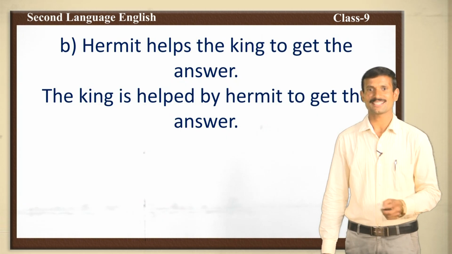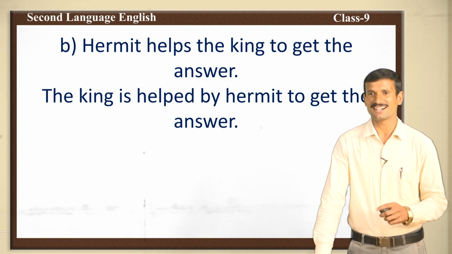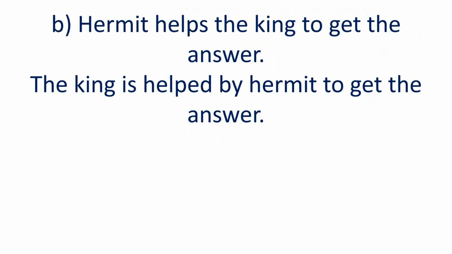Very good. Now, the second sentence: Hermit helps the king to get the answers. Change this one. Hermit is the subject, helps is the verb, the king is the object. So we should use the object in the subject place.